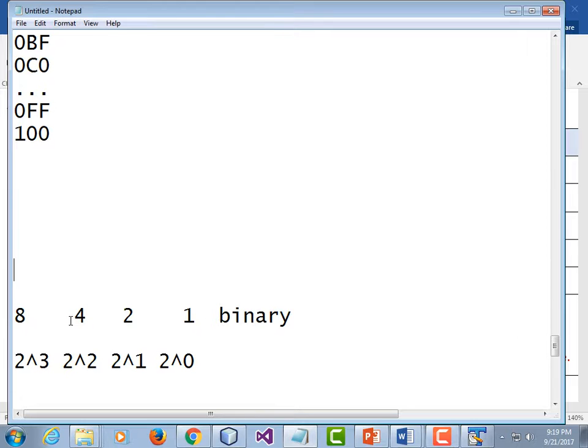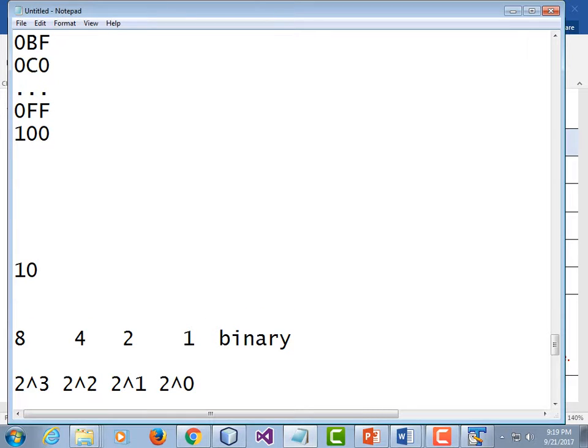Or, if we were counting in decimal, we'd have 10 to the power of 3, 10 to the power of 2, 10 to the power of 1, and 10 to the power of 0. That's our decimal counting system. So that's 1,000, that's 100, that's 10, and that's 1.